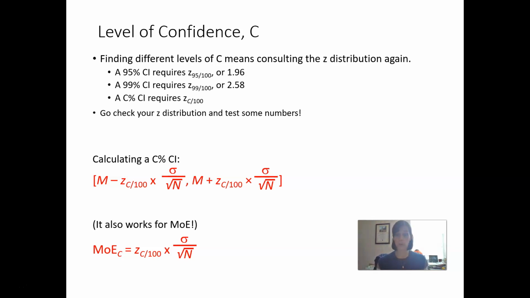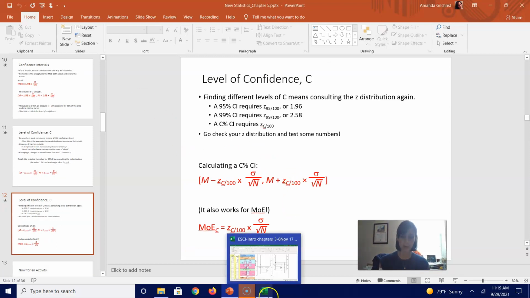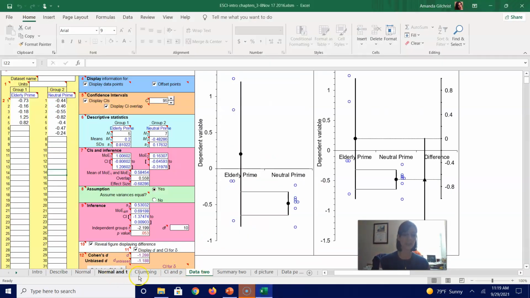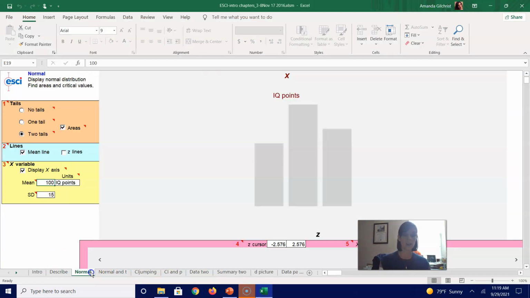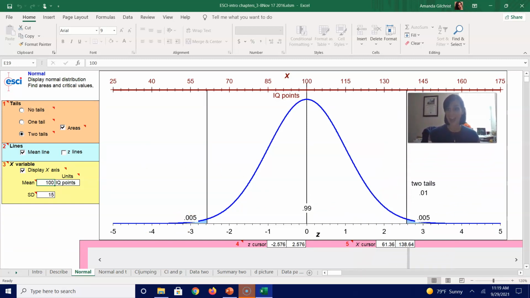So really quick, we're going to go into Esky and test a few of these numbers so that you can get a feel for what they are. If we go to our normal distribution here, and we want a certain Z-score, let's say that we were looking for a 90% confidence interval.